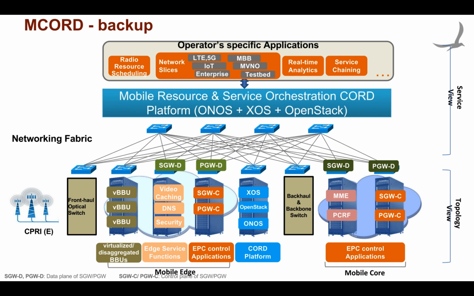We're going to focus on the mobile edge first, which is composed of a virtualized BBU and some service functions like video caching, DNS, and security. And we'll implement the evolved packet core with decoupled control function and data function, which will be controlled by ONOS. I think we can go on to the next page.